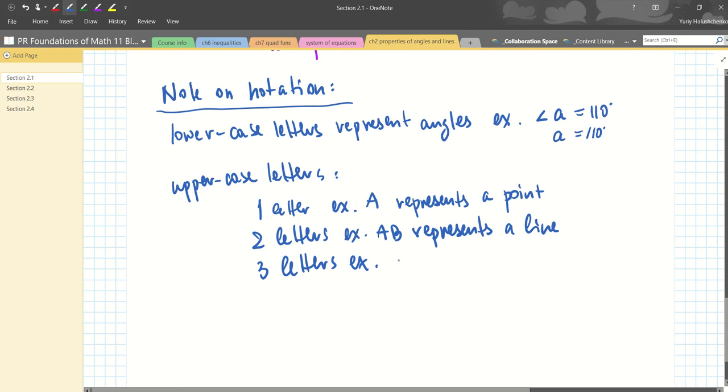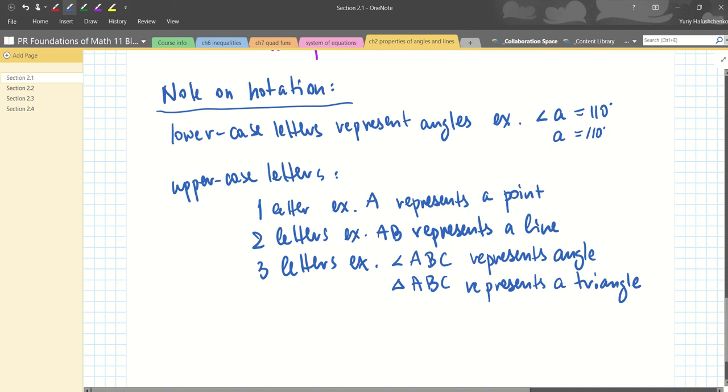Let's say I have the little angle symbol, A, B, C. This represents angle ABC. But if I have a little triangle next to it, this represents a triangle.